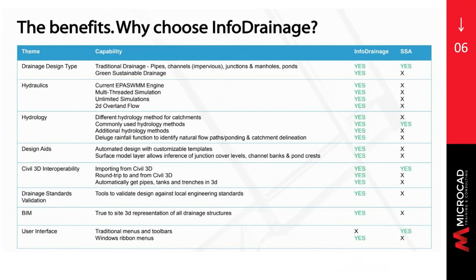Okay, now we get down into Civil 3D interoperability. I would imagine this is what many of you are very interested in. Okay, so we can import from Civil 3D in both softwares, but InfoDrainage has round trip to and from Civil 3D. So if I go and make my changes in InfoDrainage, I update my design based on analysis I do, well, then I can send that back to Civil 3D.